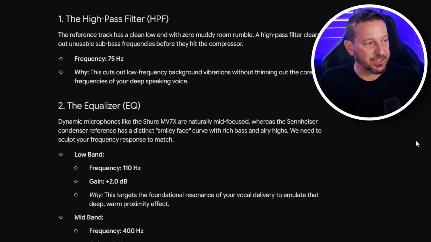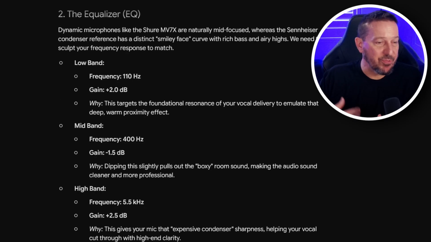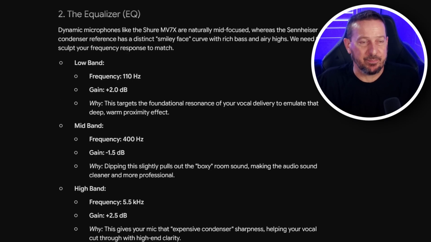The first recommendation is that we implement a high pass filter set for 75 Hertz. This will cut out that low frequency background noise and vibrations without thinning out the core frequencies from my speaking voice. Then for the equalizer, we're going to adjust all three bands. We're going to have the low band frequency set to 110 Hertz with a gain of 2 decibels.